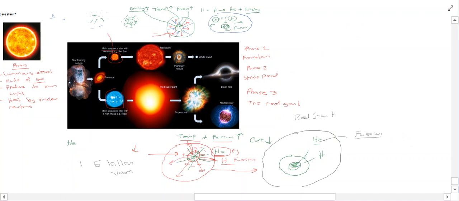And when you get fusion of helium, you're going to start to get another core starting to develop within the star. So you'll get a core. And when you start to fuse together the nuclei of helium, what you start to get produced are other elements such as oxygen and carbon.